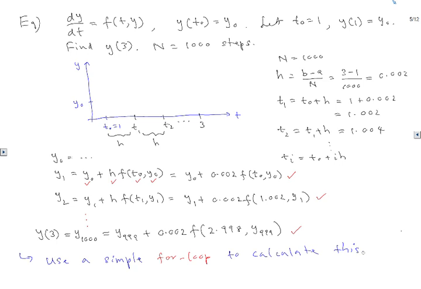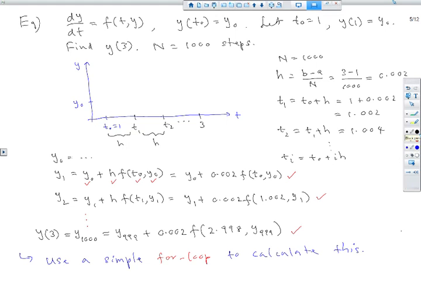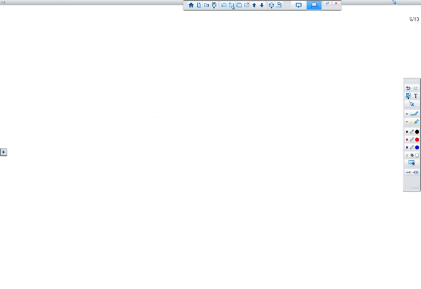Okay, and then there are also things we use to find the error. So the question is how to find the error, how to measure the efficiency of this one. So let's talk about that next. So how to measure efficiency.